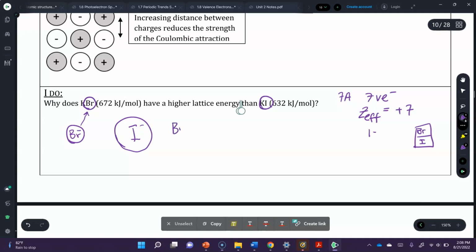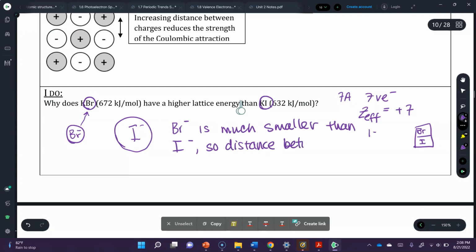So the bromide ion is much smaller than the iodide ion. So the distance between the charged particles in KBr is smaller.